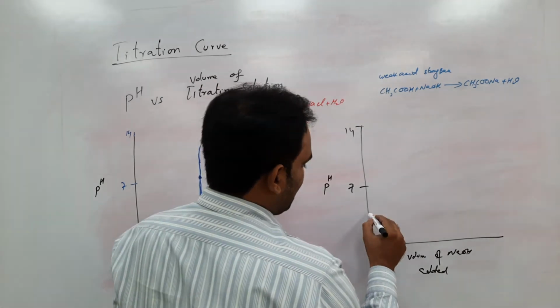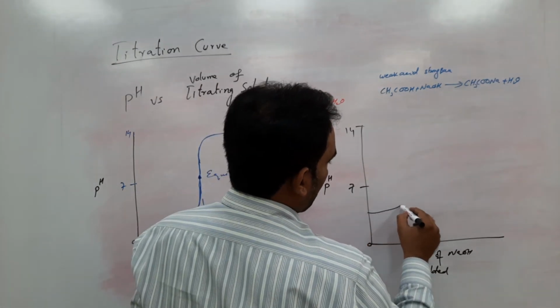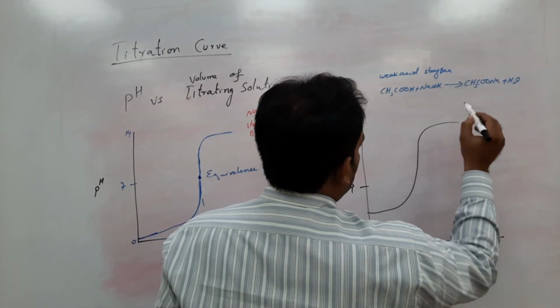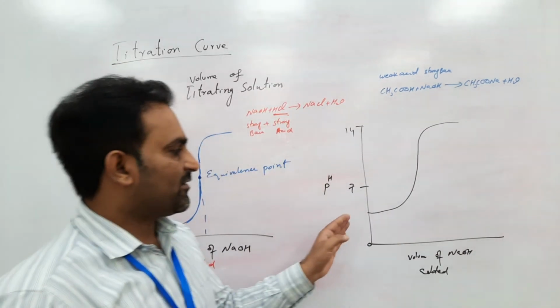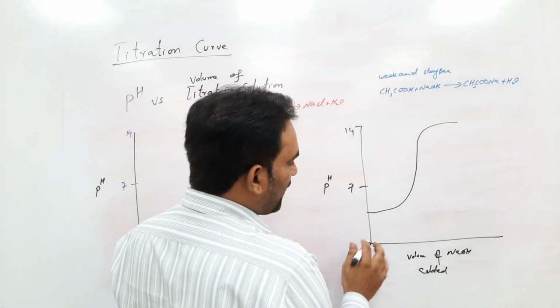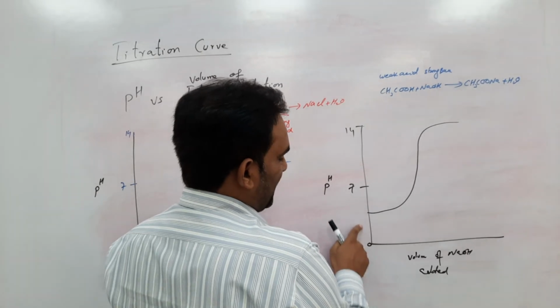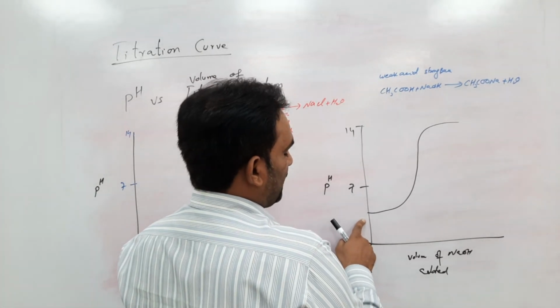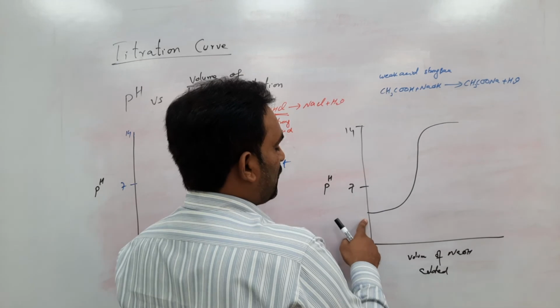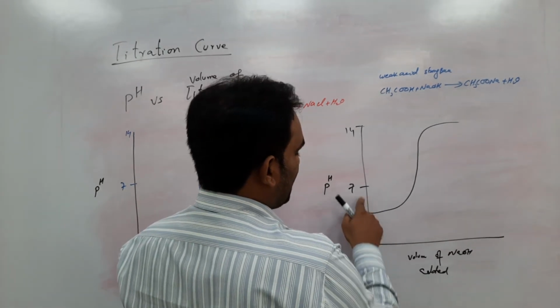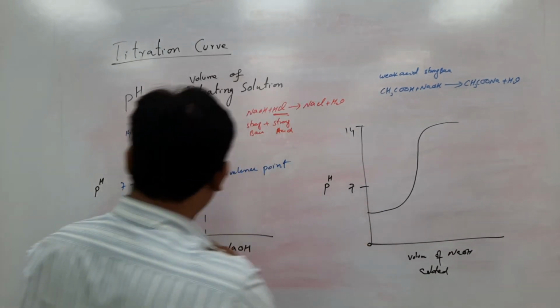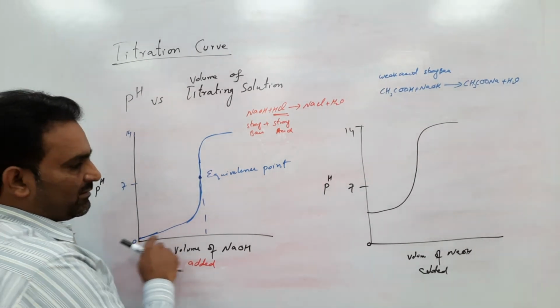Suppose it's a weak acid, so it will give you a curve like this. Weak acids usually have a pH greater than 2 or 3, or near 7, as compared to this curve. This is a strong acid and this is a weak acid.